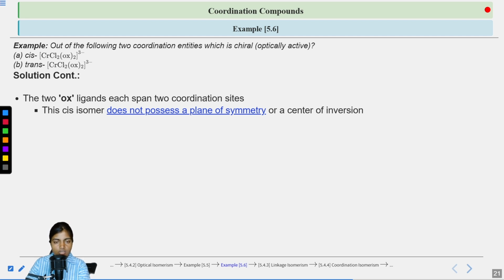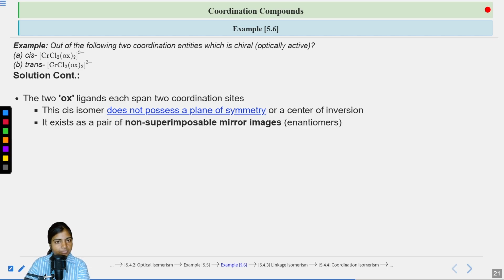So this cis isomer is not going to possess any kind of plane of symmetry or a center of inversion. It exists as a pair of non-superimposable mirror images, or enantiomers. Okay, so it exists as non-superimposable mirror images, which essentially means an optically active compound or complex, right? So it is going to be present as an enantiomer.